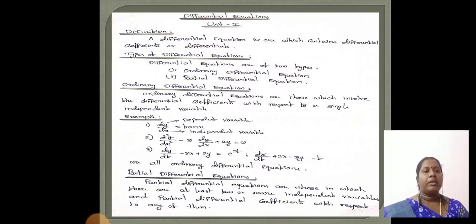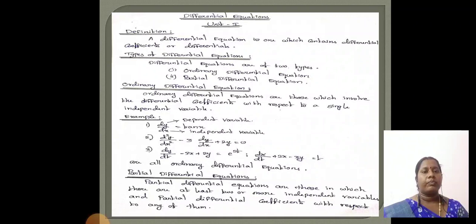Example of ordinary differential equation: dy by dx equal to tan x. Here y is a dependent variable and x is an independent variable. This equation involves differential coefficient dy by dx. So, this is an example for ordinary differential equation.